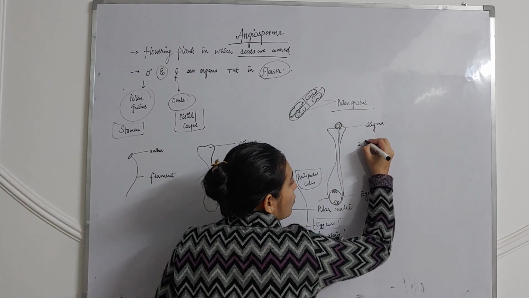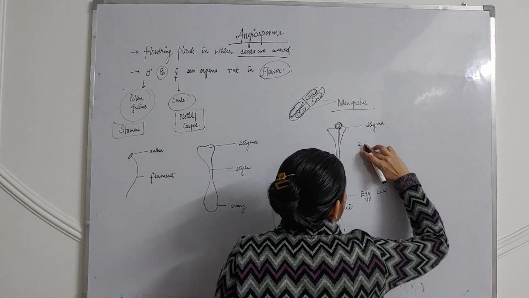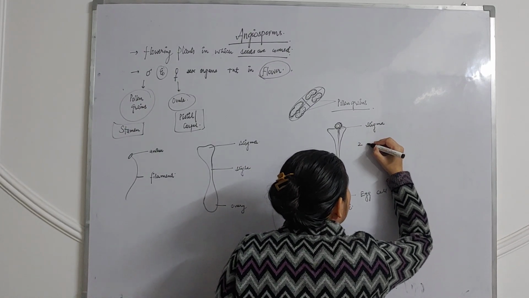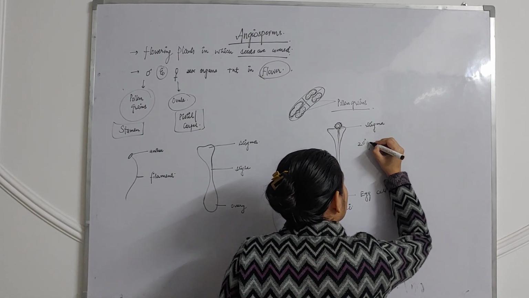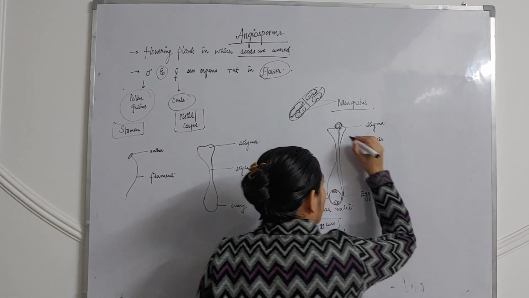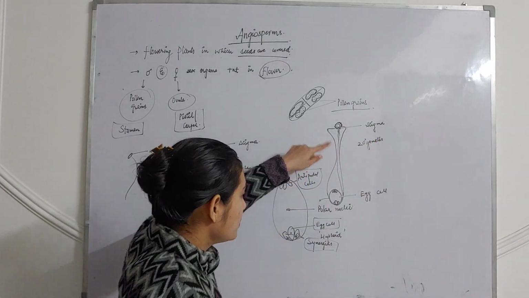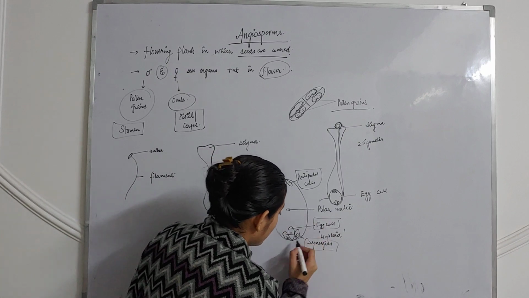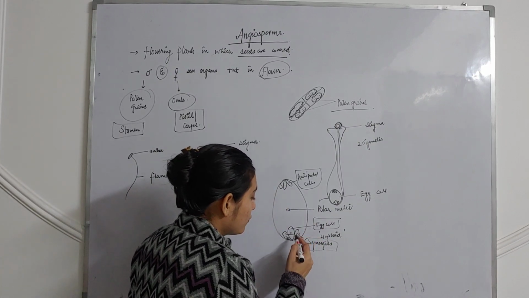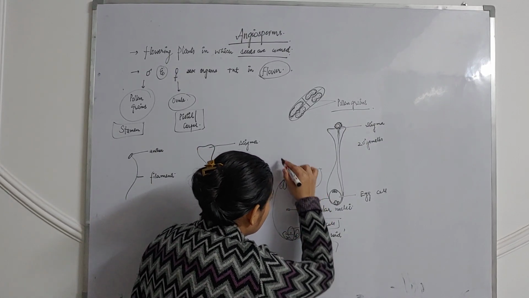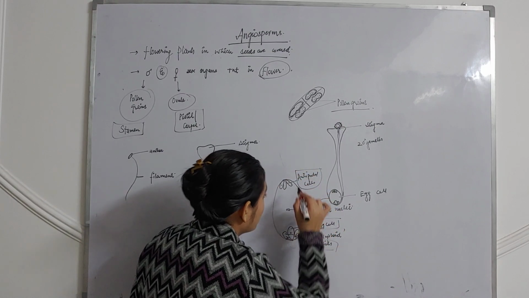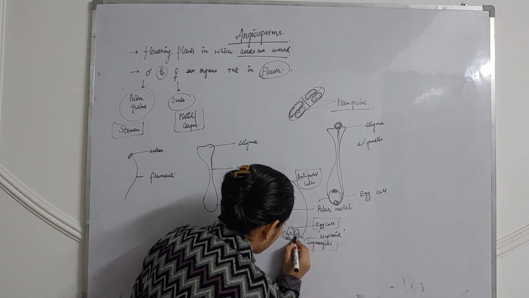Here 2 male gametes are produced, and with the help of the pollen tube they reach the egg cell.